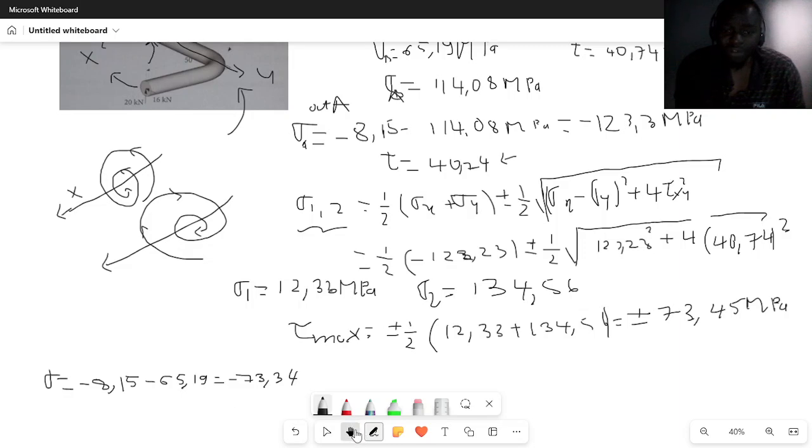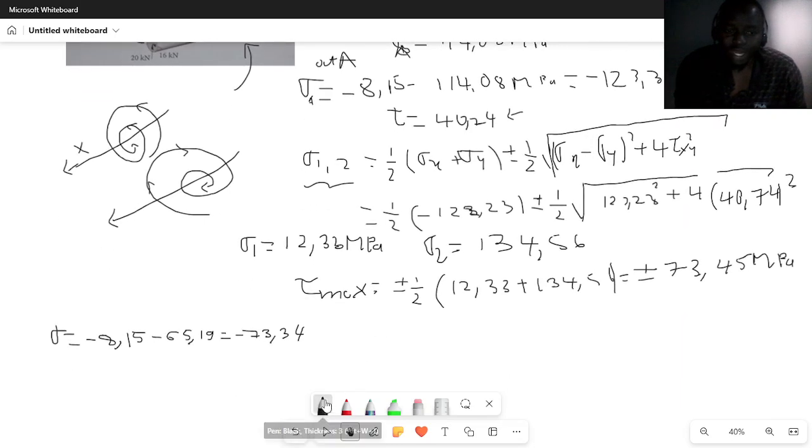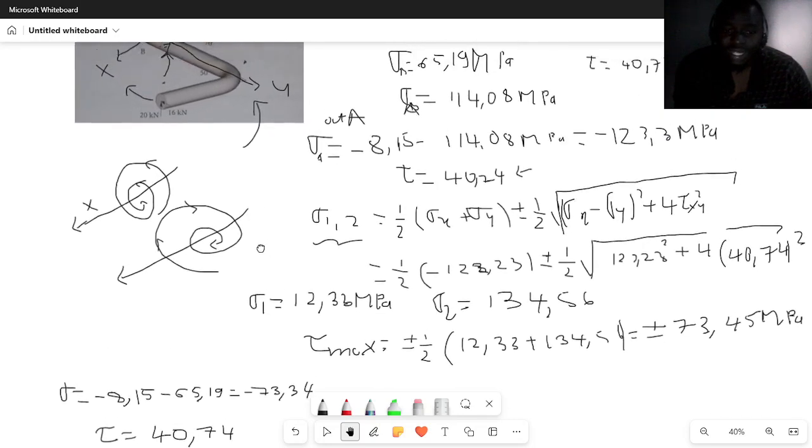Here is where the difference comes, Mr. Kotsu. When it comes to the shear stress, remember, you have the shear stress, but now this is a good one. We have the shear stress due to the torque, the 40,74. Let me not put the sign at first. And then you have the shear stress due to 16, Mr. Coulson.